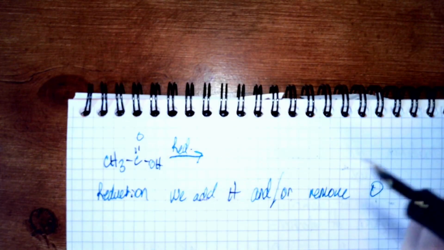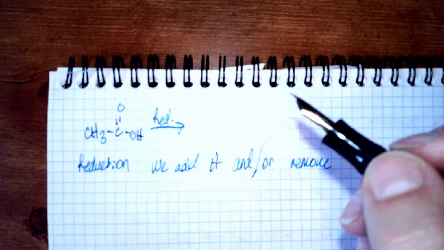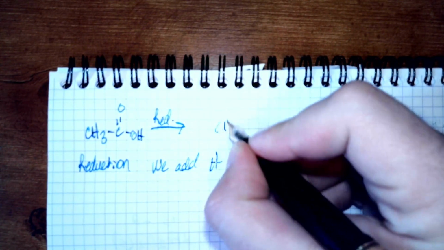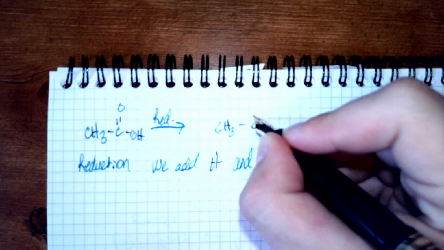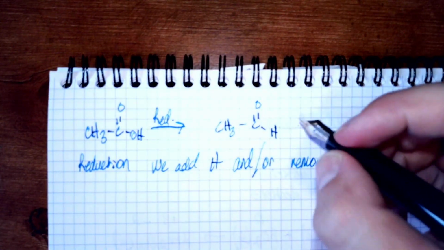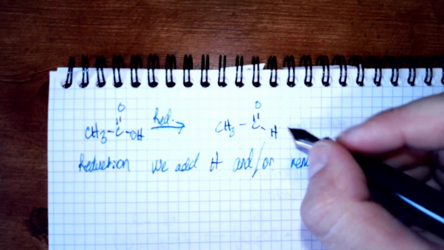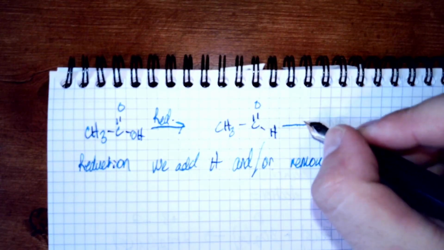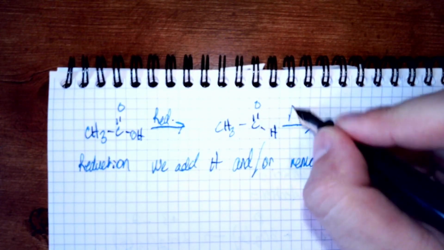All right. Let's reduce this. What do we use to reduce it? I'm actually not sure what reducing agent would get us to the aldehyde here. I'm sure there is one. I'm just not well versed enough to tell you what it is off the top of my head. But that gets us to the aldehyde. Removed an oxygen there.